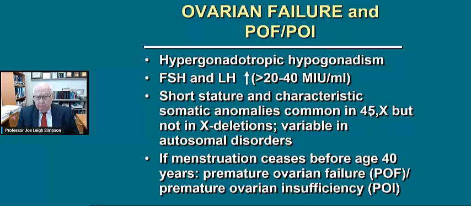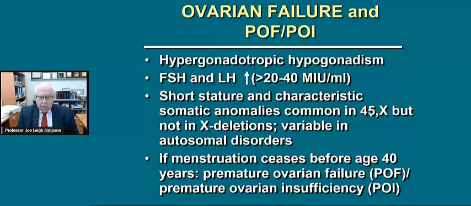Historically, we've thought of these women having short stature and characteristic somatic anomalies that are common in Turner syndrome, 45X. There are also variants that occur if you have lost only a portion of the X chromosome. When we see this in a woman with the normal karyotype, we do not expect to see short stature, and we do not expect to see somatic anomalies, although it may happen.